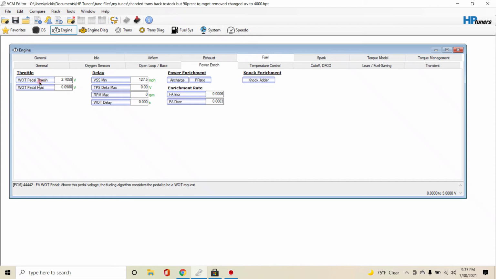And then this is stuff I mess with. Your power enrichment. So right here, wide open pedal thresh.